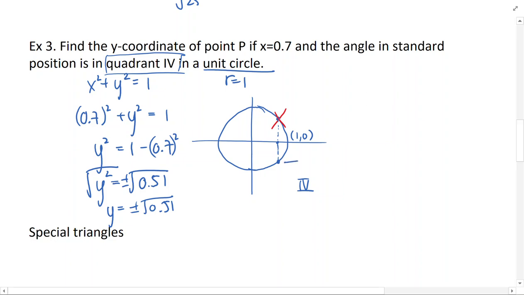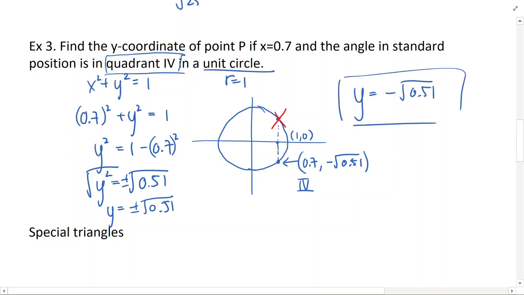So therefore, this point right here, we do know x is 0.7, and our y value, since we're in the 4th quadrant, must be negative, so it's going to be negative root 0.51. So just to make it clear what our answer is, y equals negative root 0.51.